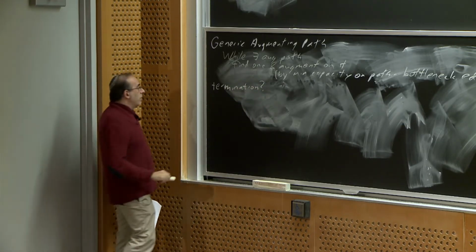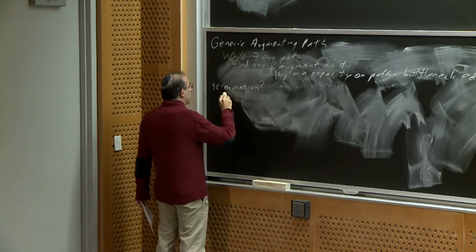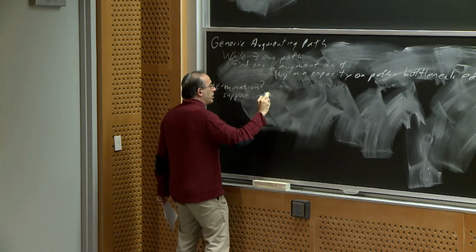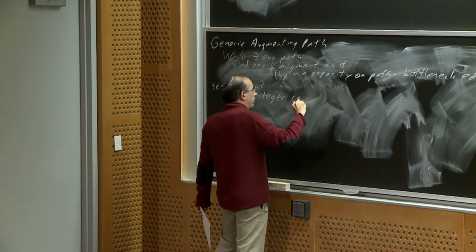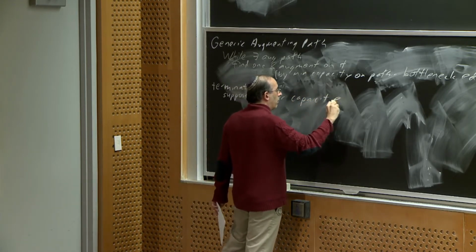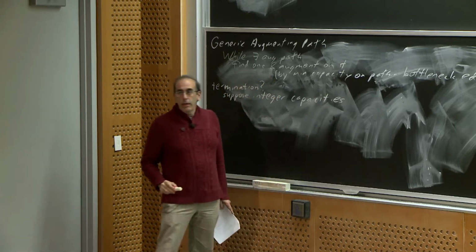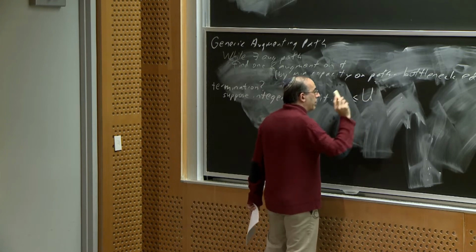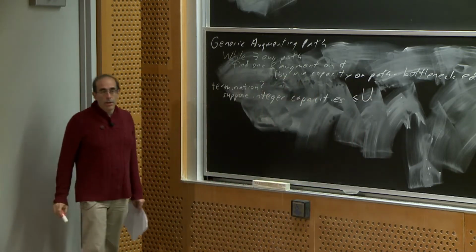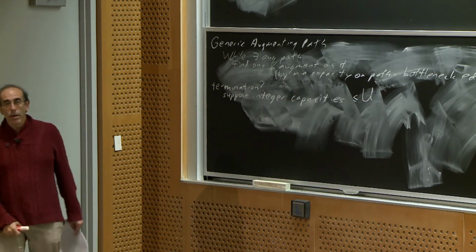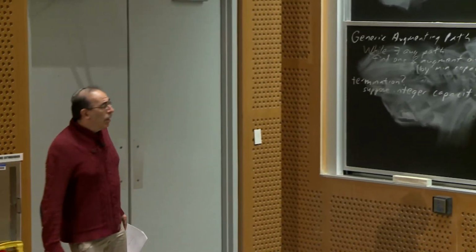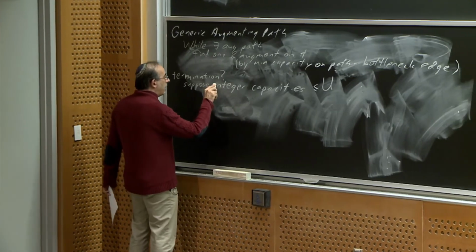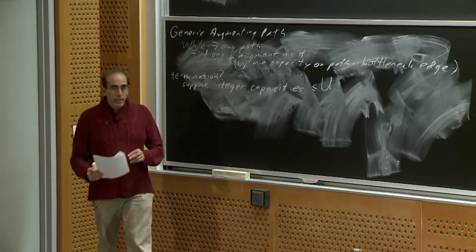So for starters, we said, suppose that you have integer capacities. This is very common. And remember that we're going to use capital U to represent the largest capacity anywhere in our network. So if we have integer capacities, can we say for sure that this algorithm terminates?